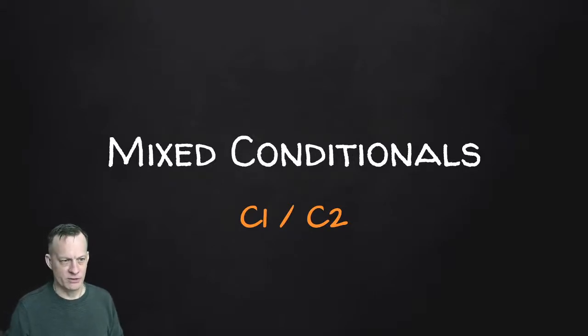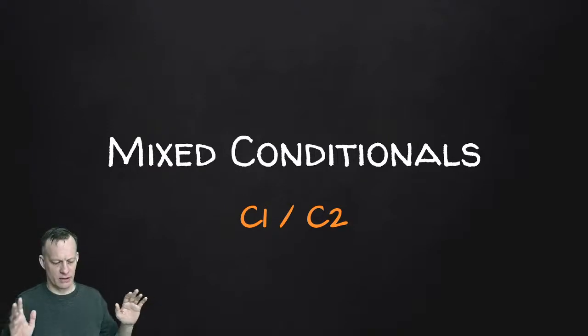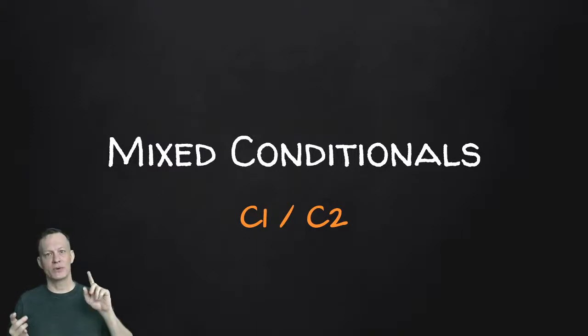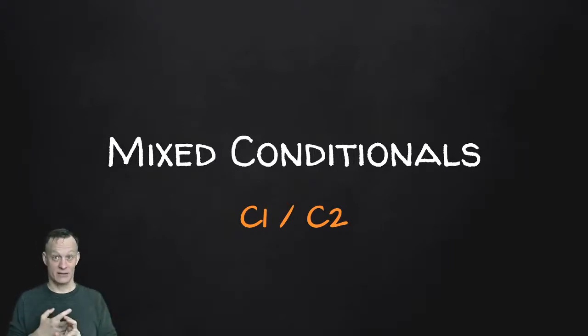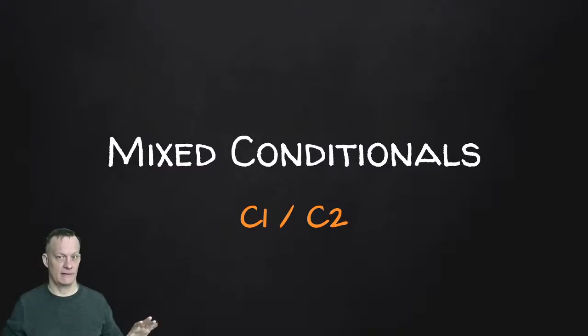a little confusing. Okay, so forget the rules. That's the one thing I'm going to tell you right now. Forget that the second conditional is with the past simple and the would with the verb. Forget that the third conditional is with the past perfect and then the would. Forget all of that.